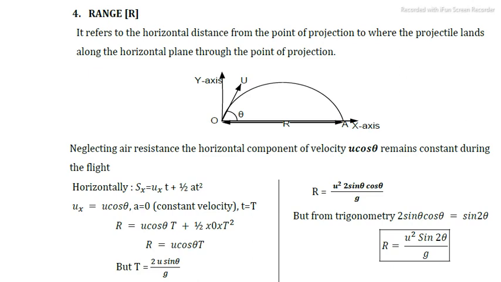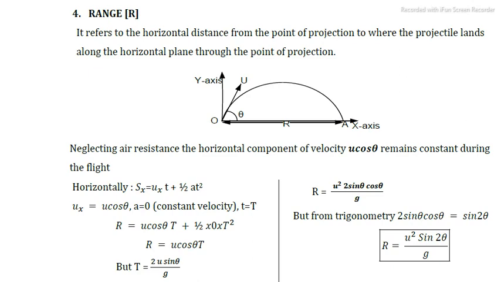Then the t will be now the time of flight, because remember, as this object lands, at the point of landing, that's when it has completed the flight. So the time considered here is the time of flight. And therefore, if we substitute this in the second equation, we come up with the range.